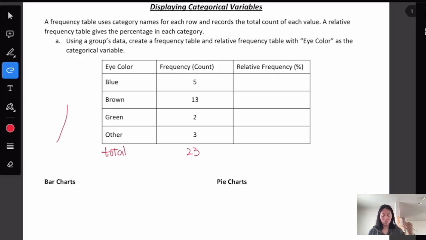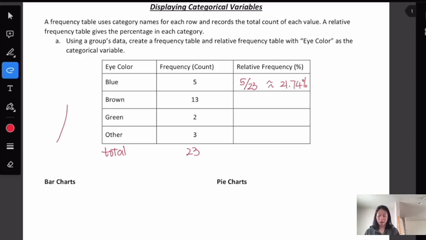Out of these 23 participants, we have 5 participants with blue eyes, 13 participants with brown eyes, 2 participants with green eyes, and 3 with other color. The relative frequency for blue eyes is 5 out of 23, which is approximately 21.74%.